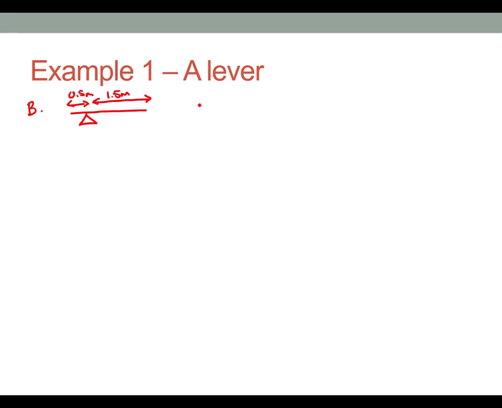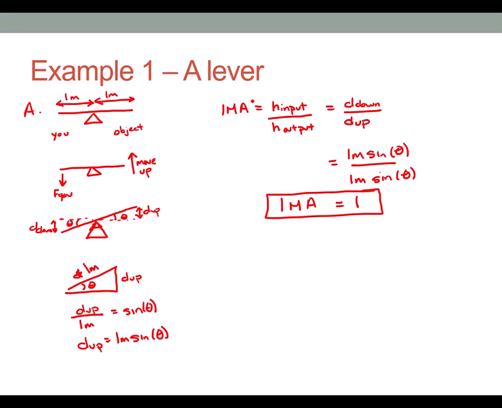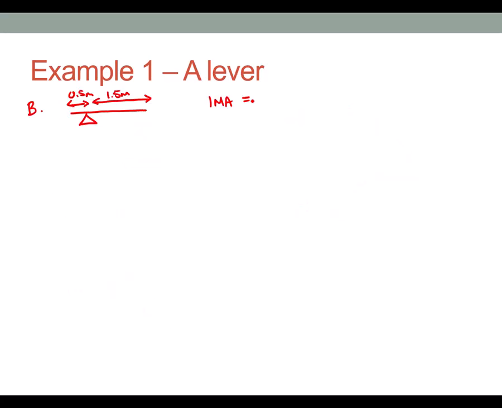Okay, well, just as we saw before, the ideal mechanical advantage will be, make sure I write it right, D down divided by D up.